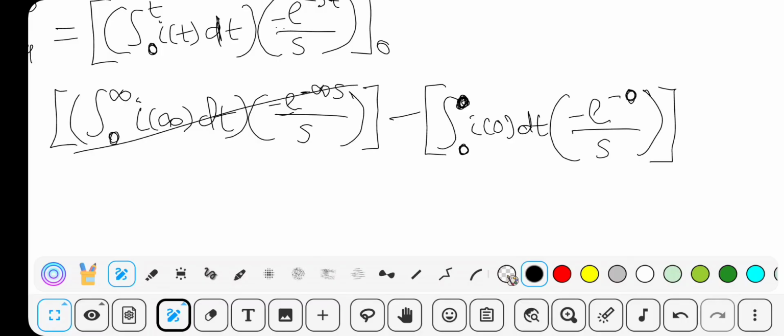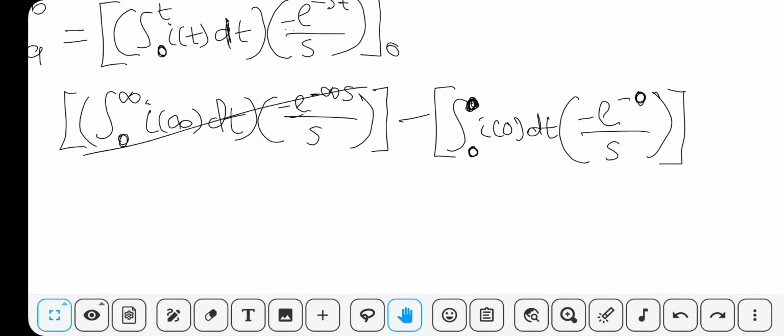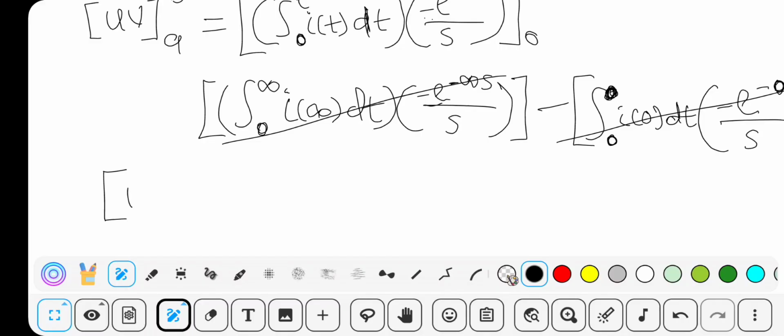So this is like we moved nowhere. This is also 0. So everything here too is gone. So we have that uv from a to b is equal to 0.